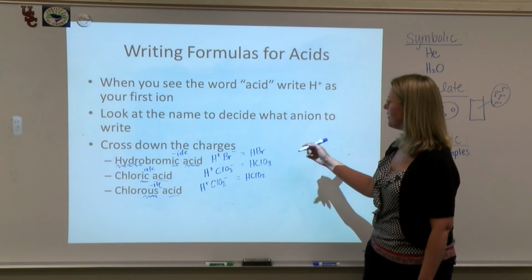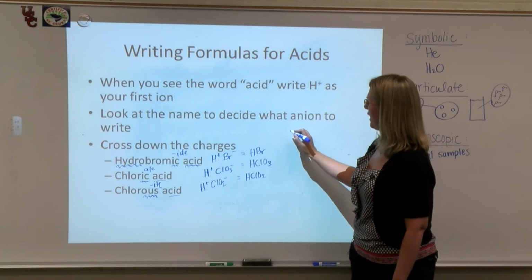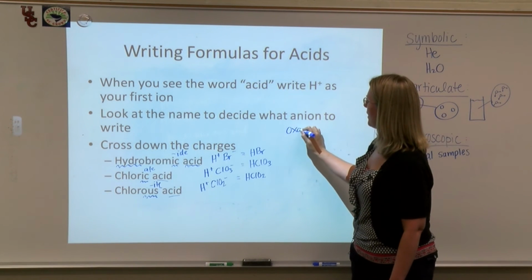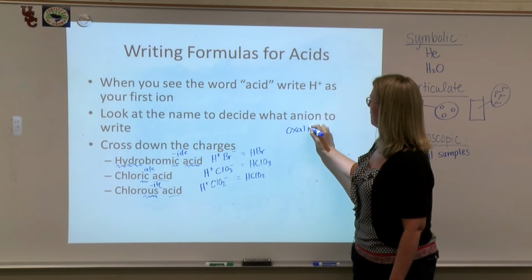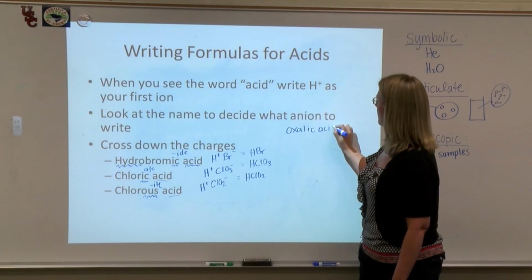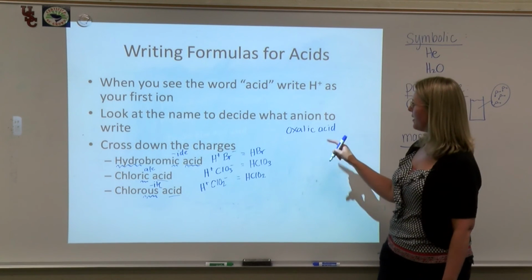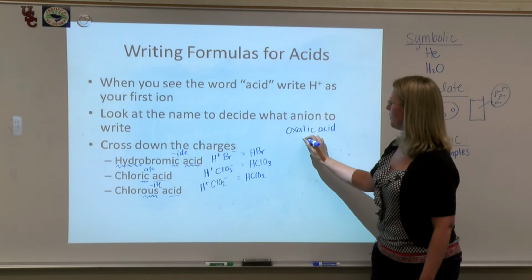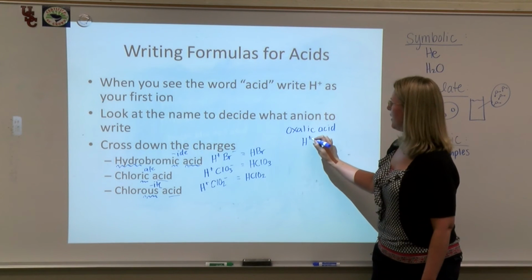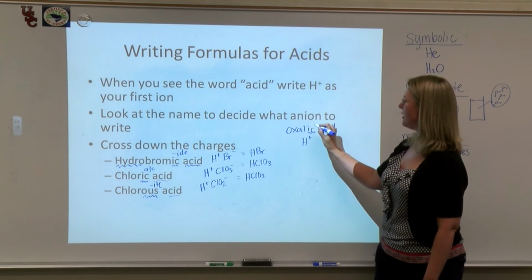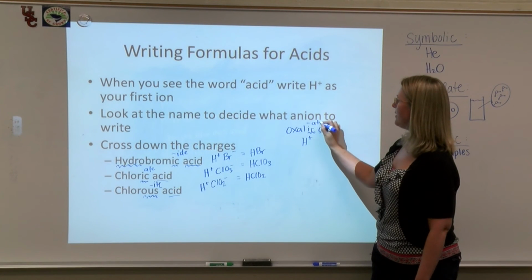Let's look at one that's not 1 hydrogen that we haven't already talked about. Let's do oxalic acid. So if I see this name, oxalic acid, it's really obscure, but it works for the example. Acid, so we would write H plus, and then we look at what's our ending. So it's ic acid, which corresponds to ate.